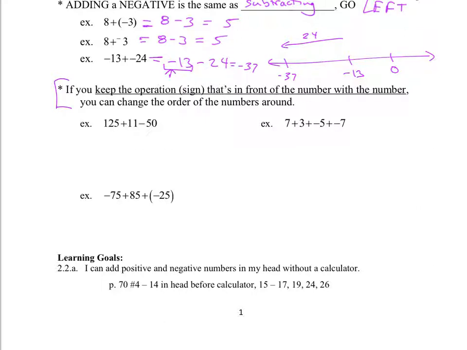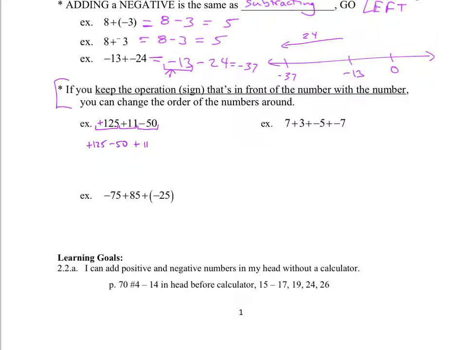So just a couple examples here. This 125, it's really the same as a positive 125, and then we have plus 11 and minus 50. So now that we have a sign with each of those, we can write them in any order. The book's trying to get you to think that if I have a positive 125 and I take away 50 from that, and then I add 11 to that, that's easier than 125 plus 11 minus 50.